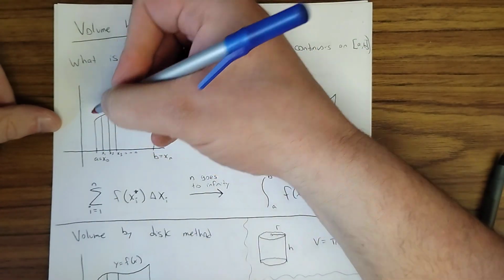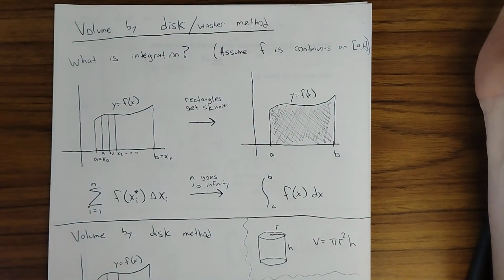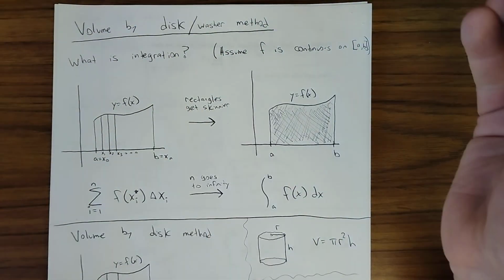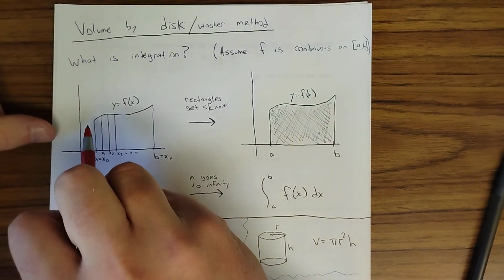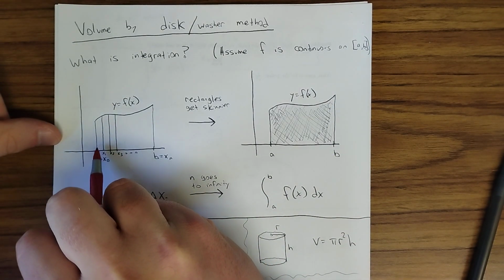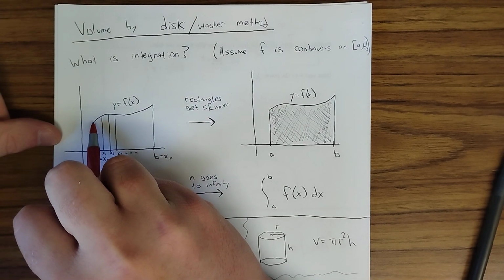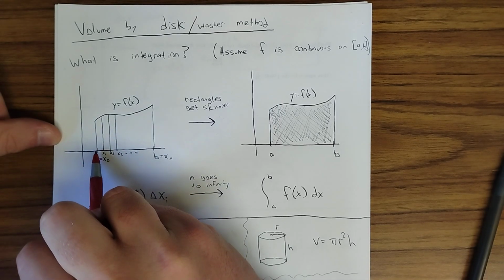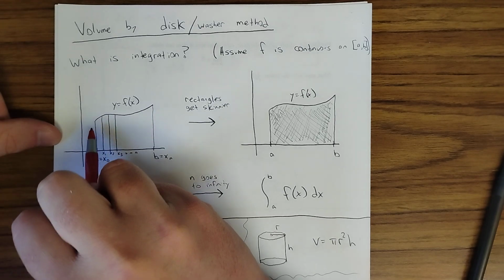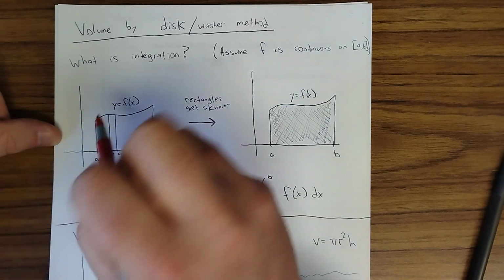If you remember how this is introduced, you have a choice of where to draw your rectangle. I could use the left endpoint rule, and that means that for each subinterval, looking at the first one here, I'm going to choose the height of my rectangle to be the left endpoint. This is the left endpoint of my first interval, this would be the right endpoint.